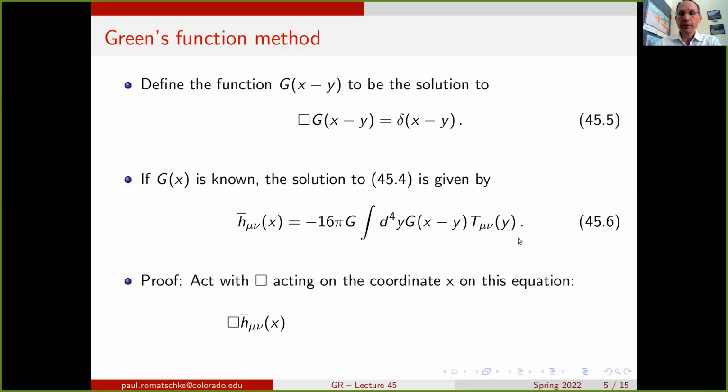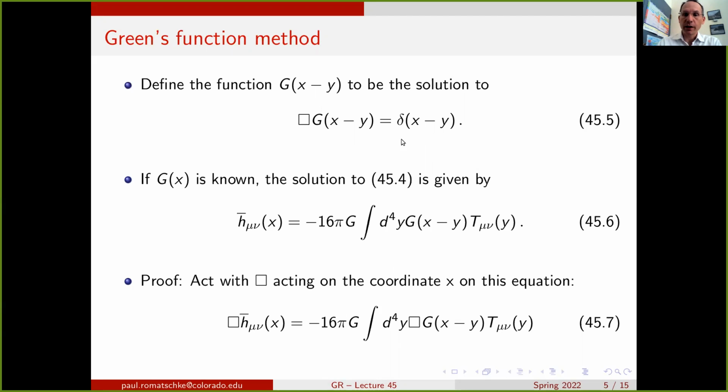We can easily prove this by acting with the box operator on both sides of equation 45.6. Then on the left-hand side, we have box h bar, and on the right-hand side, because the box is acting on the coordinate x, we can pull it through the integral over y, and then the differential operator acts on g.